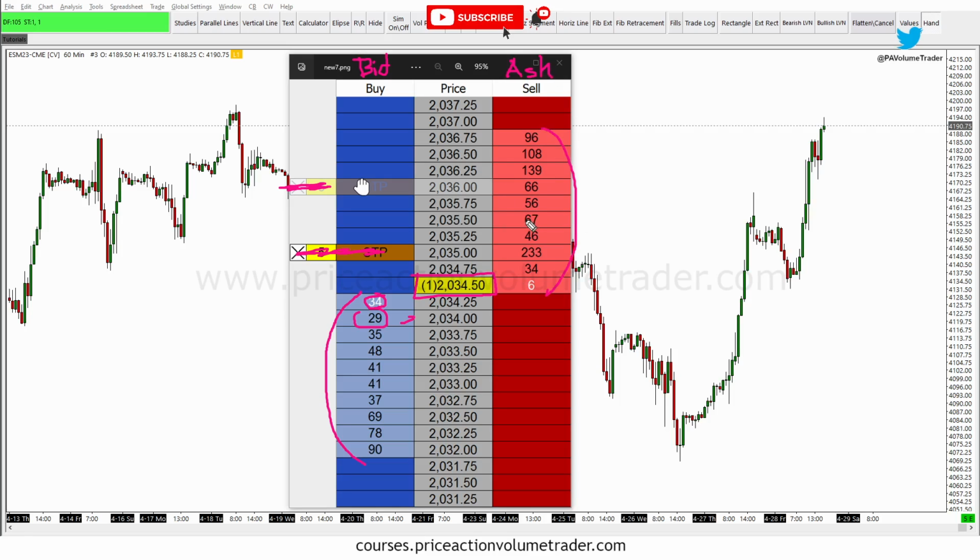So if market participants were just passive limit order traders, markets would simply not move, because there's no one to get aggressive and try to lift the offer to the upside, and there's no one aggressive trying to get short and just hitting the bid to go down.